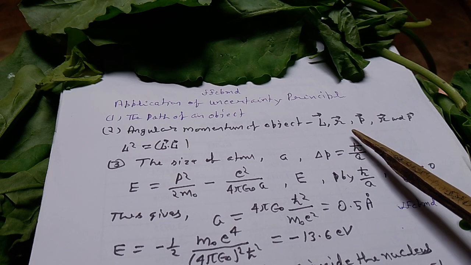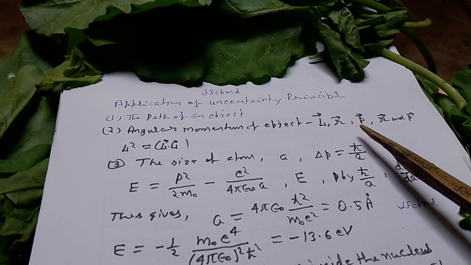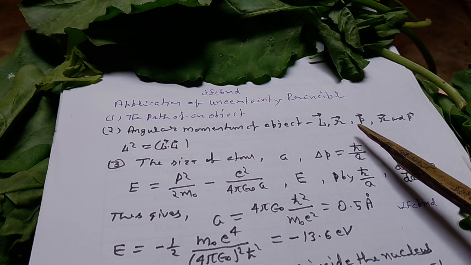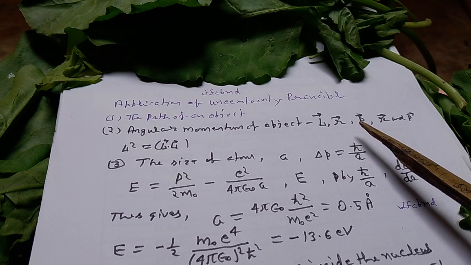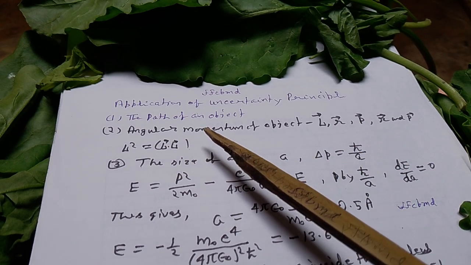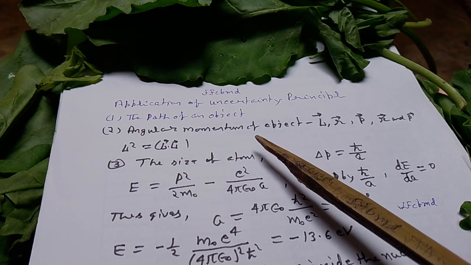Since position and momentum are not known simultaneously, angular momentum is also uncertain. However, as we will learn later, L square, that is L vector dot L vector, can have well defined values.